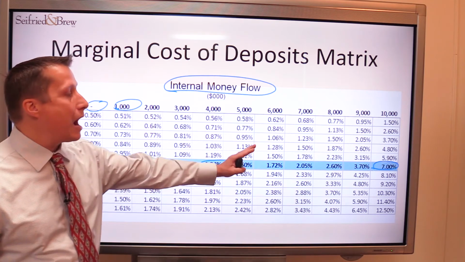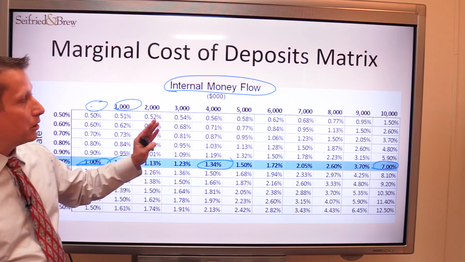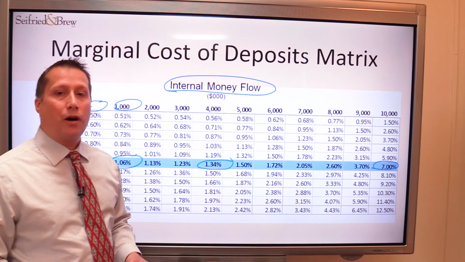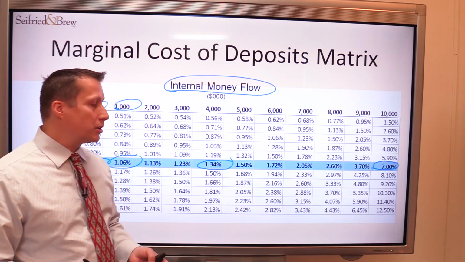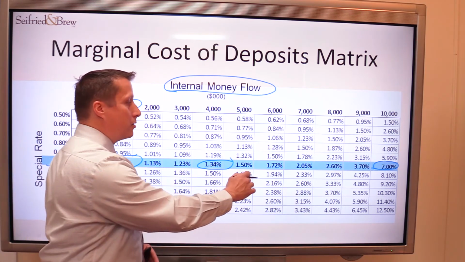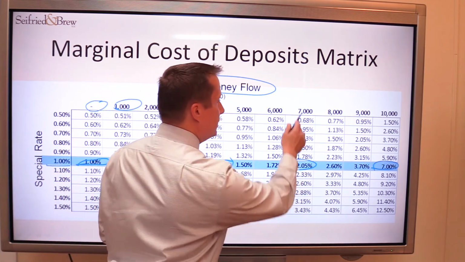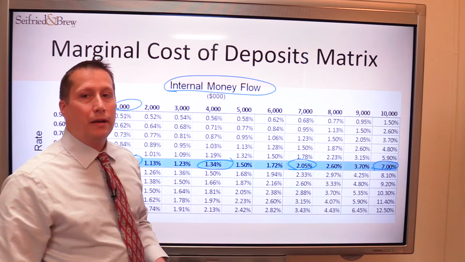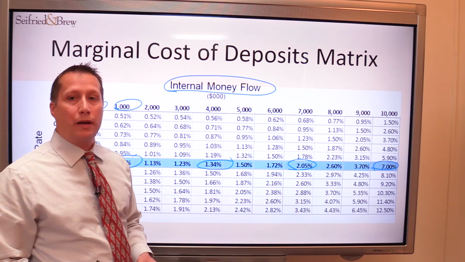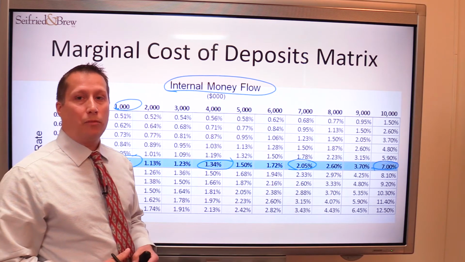But as we move out on the curve and start to see more and more money flow into this new account from internal sources, we get up to 2% at that $7 million, and that would be closer to some longer term borrowing of funds from the Federal Home Loan Bank.